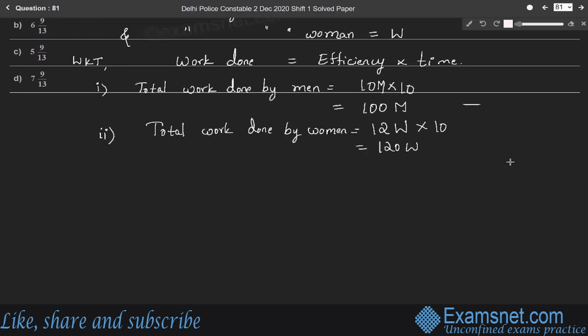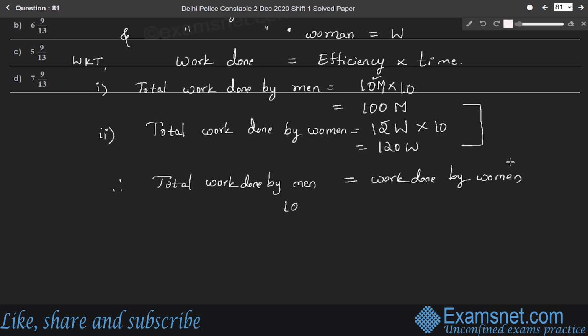So the same amount of work is done by both men and women. Only the number of persons differs: in the first case there were 10 men, in the second case 12 women. Therefore, work done by men is equal to work done by women, which is 100m equal to 120w.